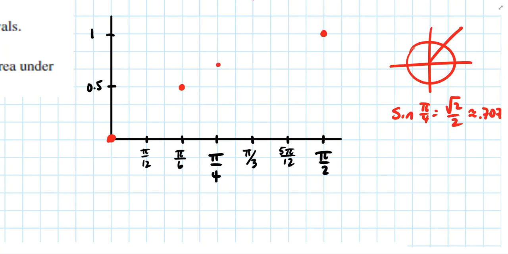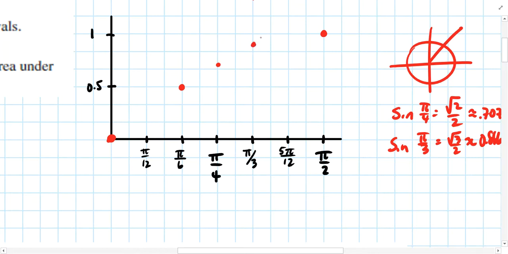And then sine evaluated at pi over 3, we know is radical 3 over 2, which is approximately 0.866. So with the y value here at 0.866, that might be a data point right about here.